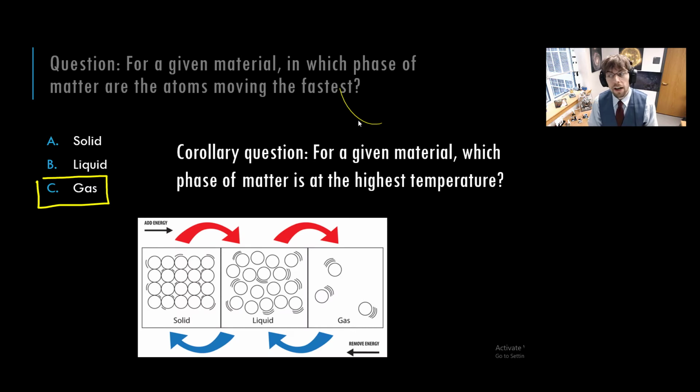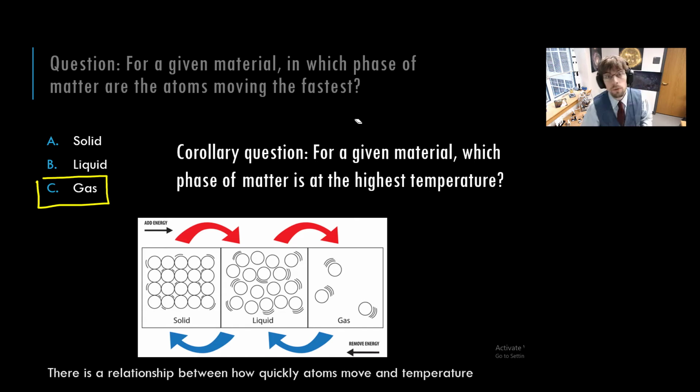And so we have an idea here that allows us to transition from a macroscopic observable to infer a microscopic quantity. That is what temperature really is.